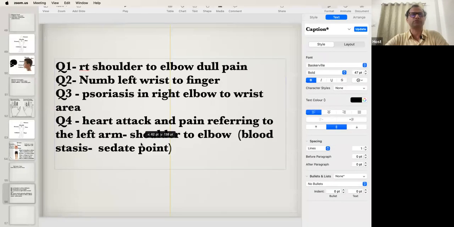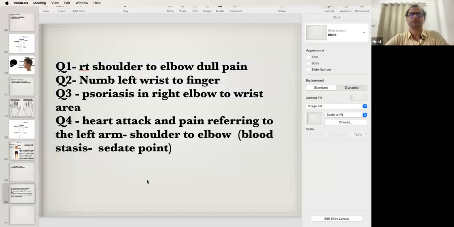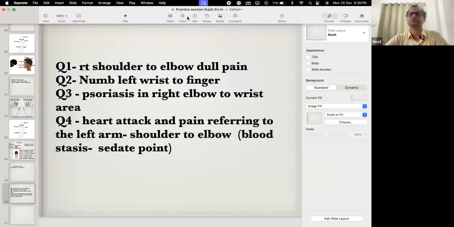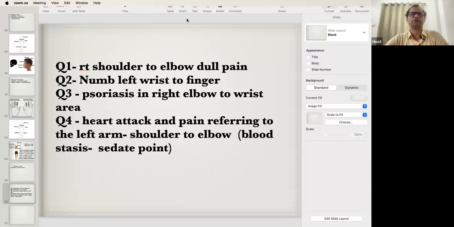This is question number four. Four questions are enough. Now prepare this. The last one is interesting. The treatment will go in which meridian? You do all the treatment in the Yang meridian. Okay.